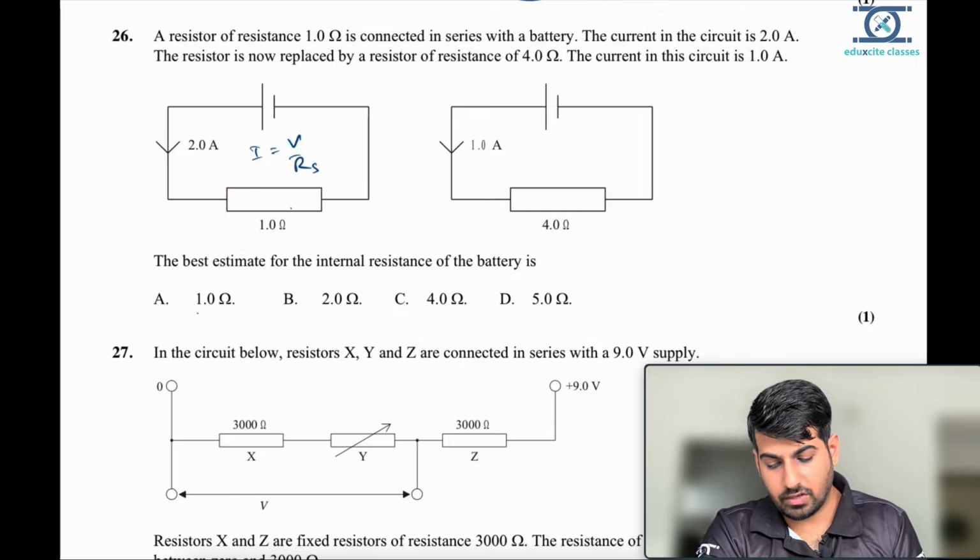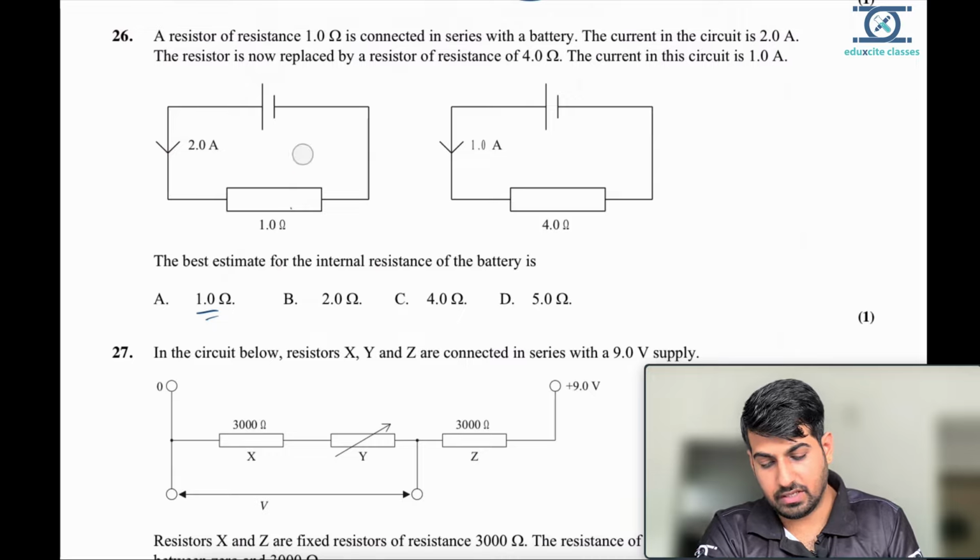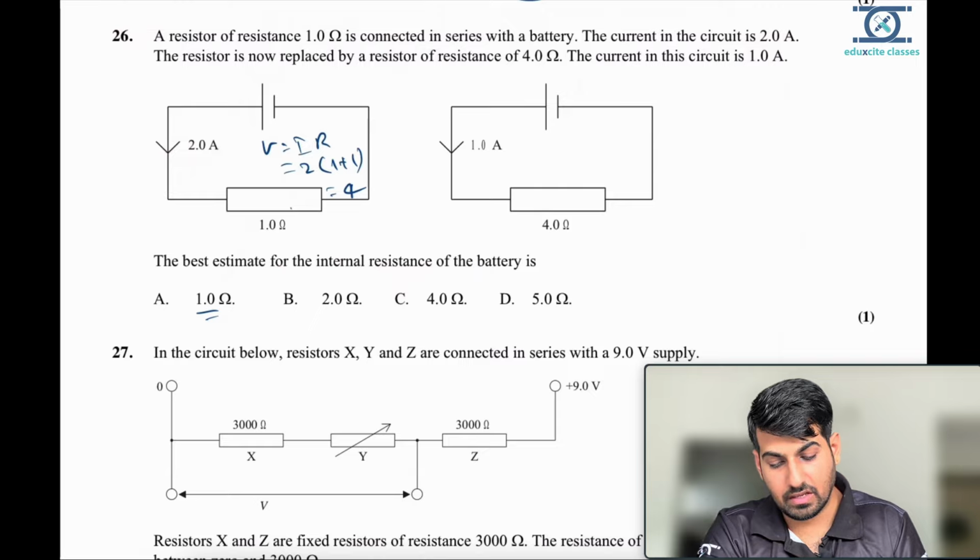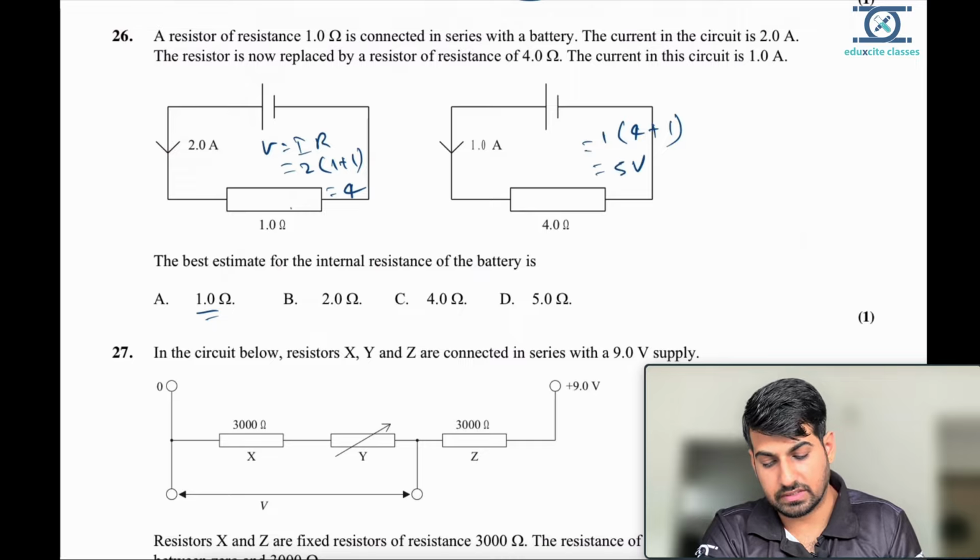If I put 1 ohm, then 1 plus 1 is 2. So V equals IR: I is 2 and this is 1 plus 1, so assuming this as the answer, it gives 4. Now this should be the same for this also. I is 1, 4 plus 1, which gives 5. So this is not the answer.